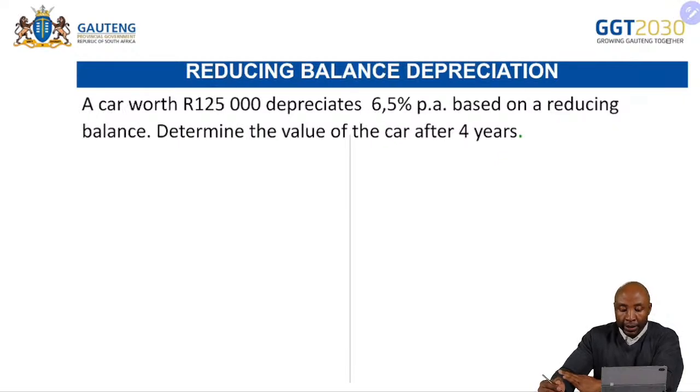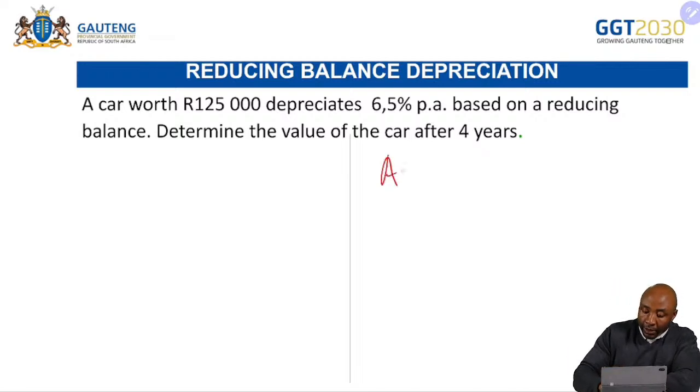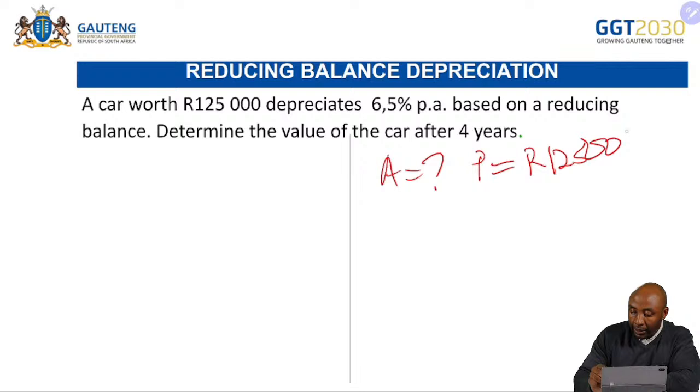Let's check this one. We have a car which is worth 125,000. It depreciates at 6.5% per annum based on a reducing balance. Determine the value of the car after 4 years. So the only difference now is that our A, we don't have. Our P is going to be 125,000. Our n is going to be 4.